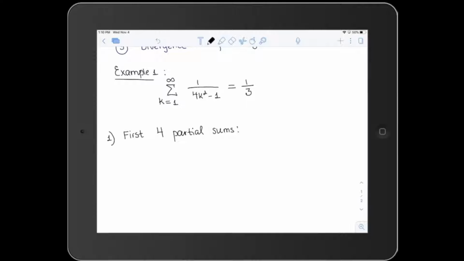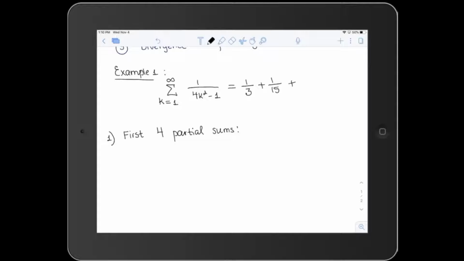So the summation says add up all of these values: 1/3 plus 1 over 15 plus what? If k is equal to 3, that's 3 times 3, that's 9, times 4, that's 36, minus 1, that's 35. And so forth.